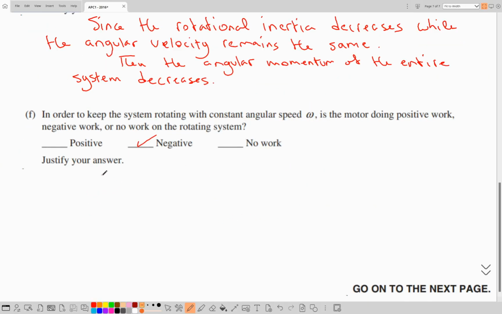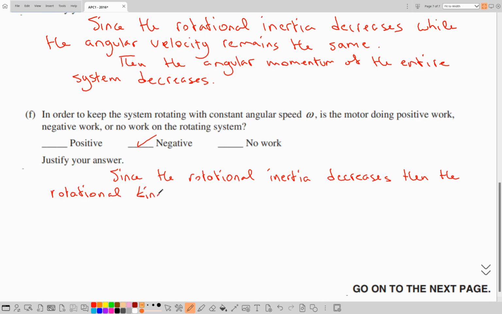Then let me say, since the rotational inertia decreases, then the rotational kinetic energy of the system is decreasing.